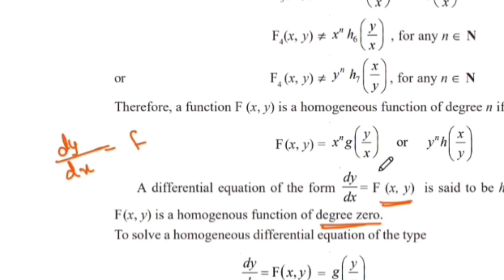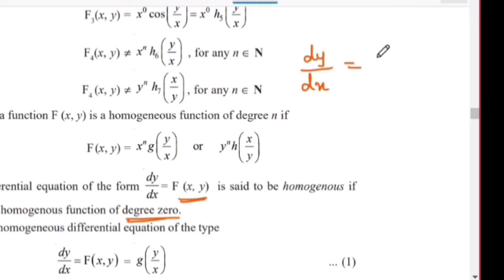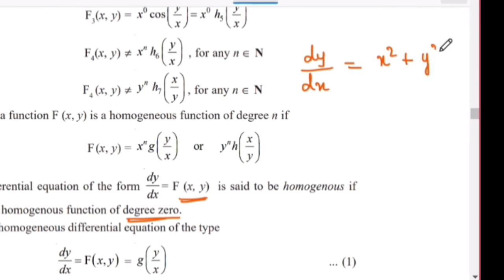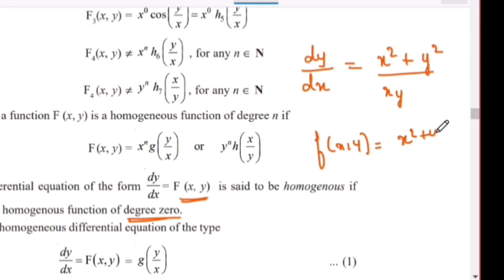For example, this is the differential equation, dy by dx, I just write it as x square plus y square by x into y. Now that is f of x,y.